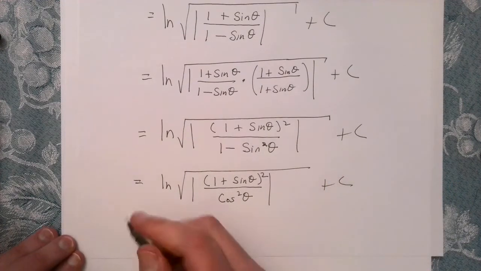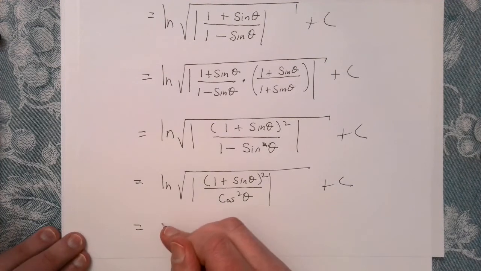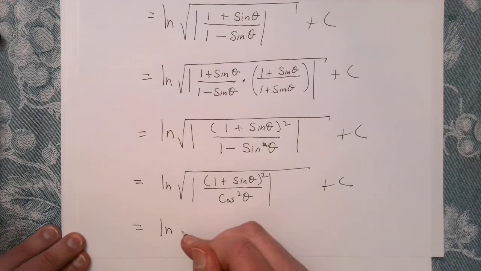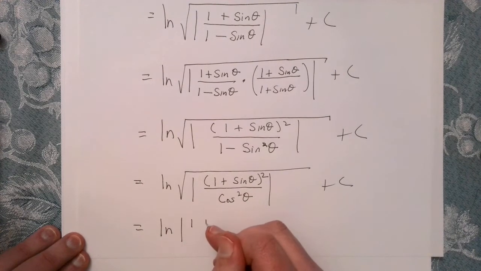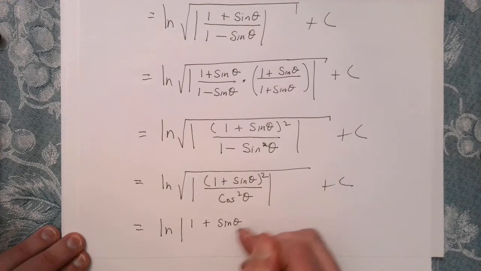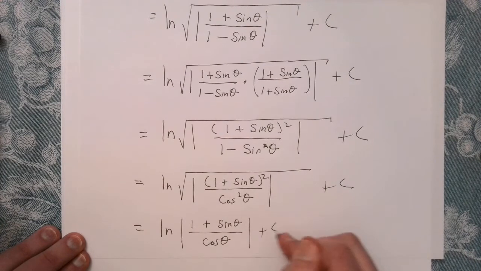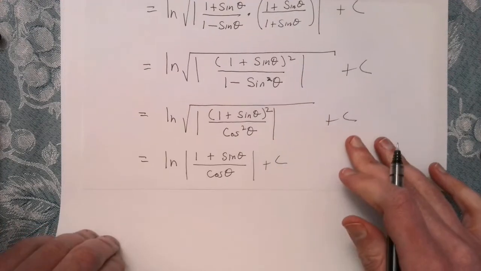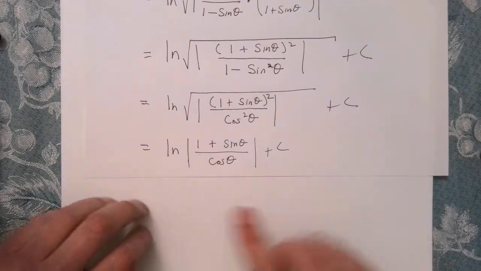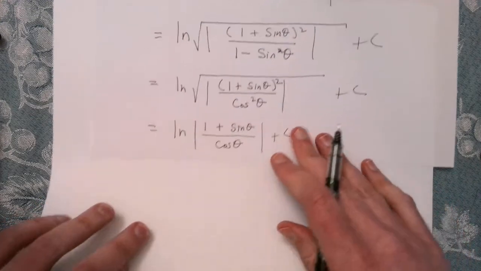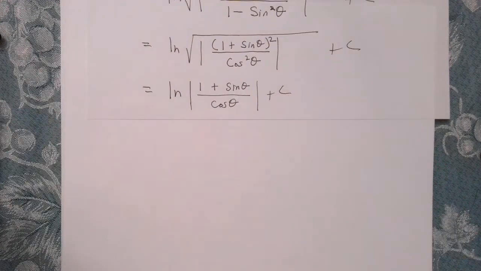And that's nice because I can take the square root. So now I've got the ln of the absolute value of 1 plus sine of theta over cosine of theta when I take the square root. And then I can just break that up into 2 fractions, right? So I can call that 1 over cosine of theta, and then sine of theta over cosine of theta.